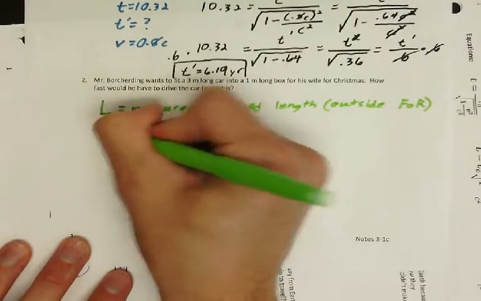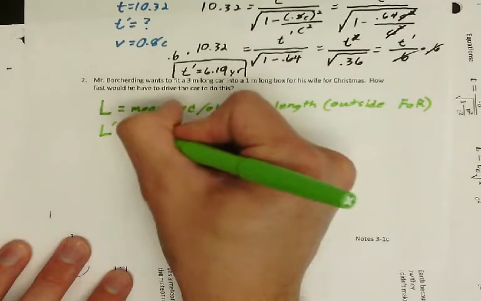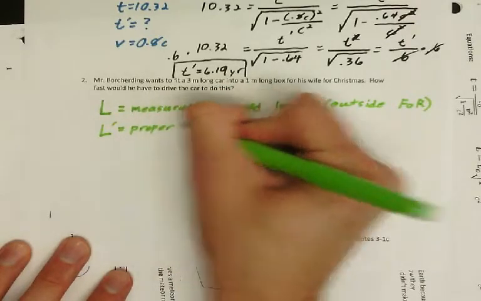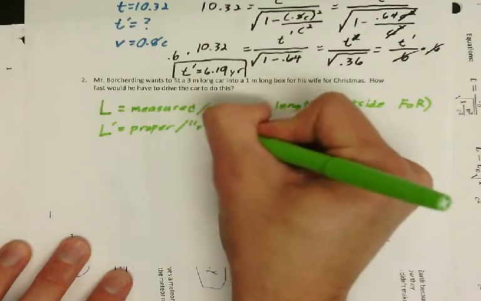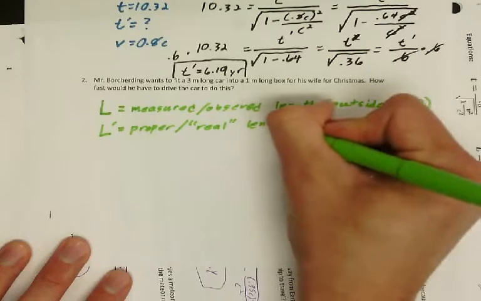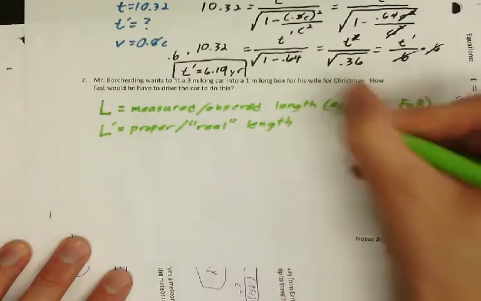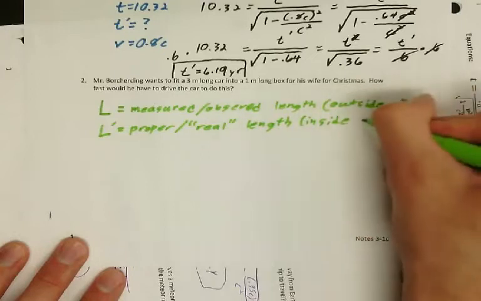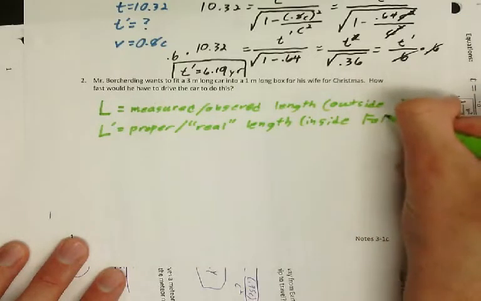L prime is the proper or the real length. It's how long the object is supposed to be. And that's measured by an inside frame of reference.